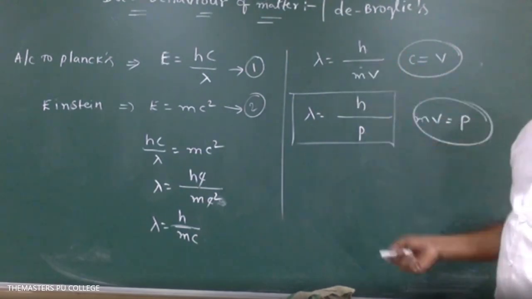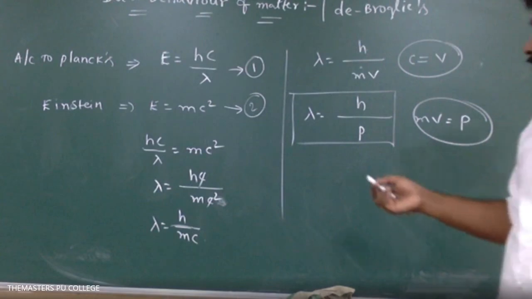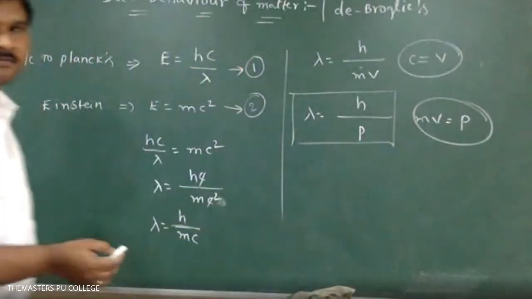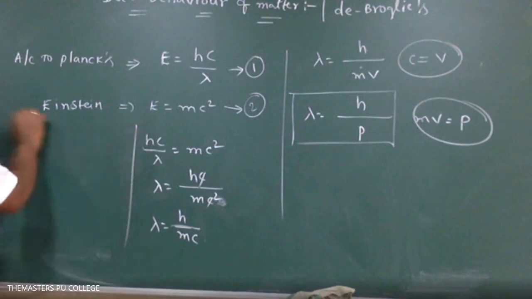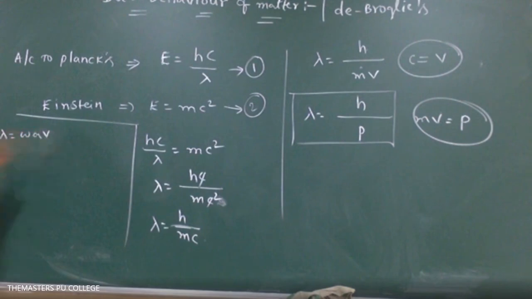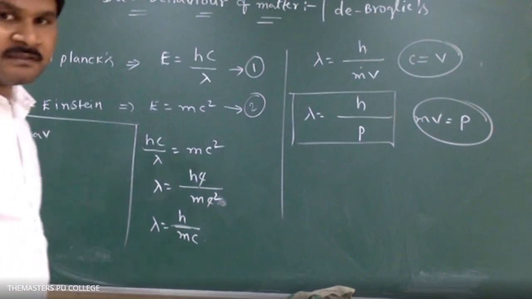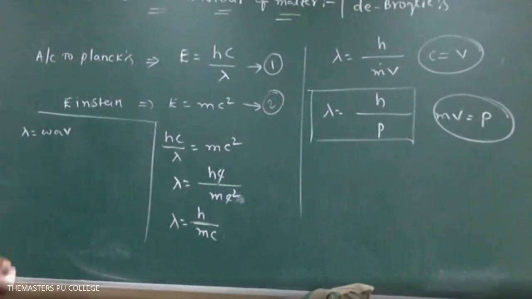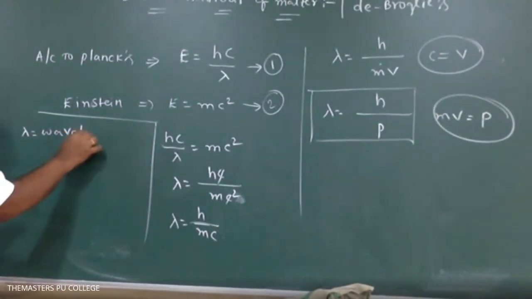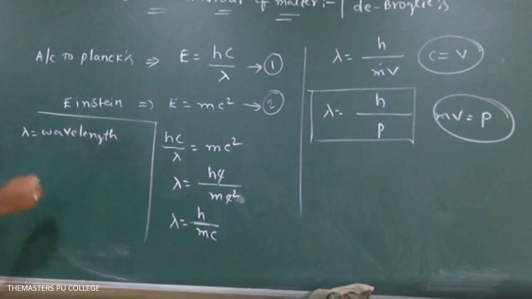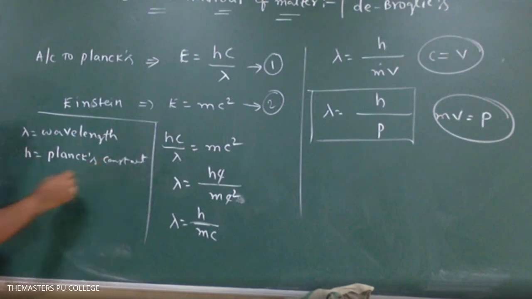H is Planck's constant. M is the mass of the electron.